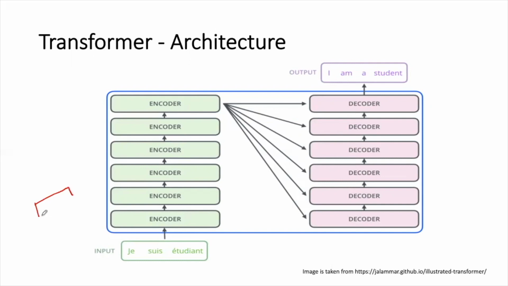What the first encoder block does is generate three vectors representing each of these words. So if we have three input words, we will have three output vectors. That's how an encoder typically works.